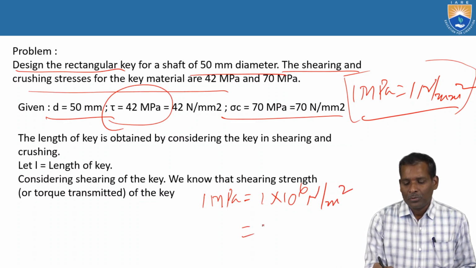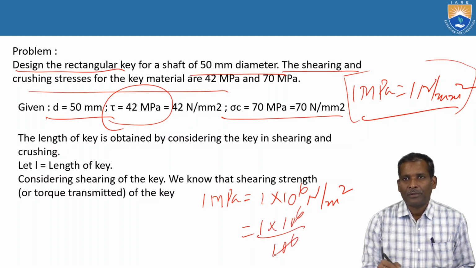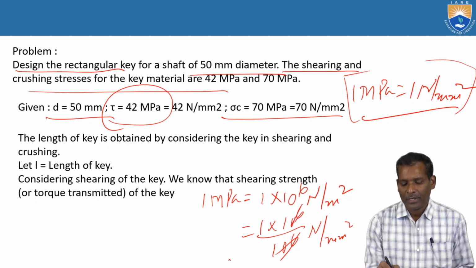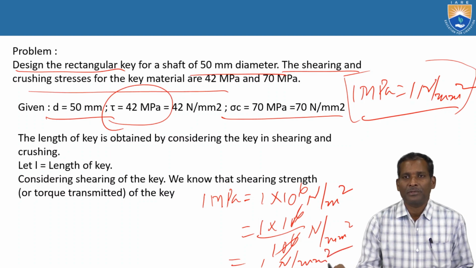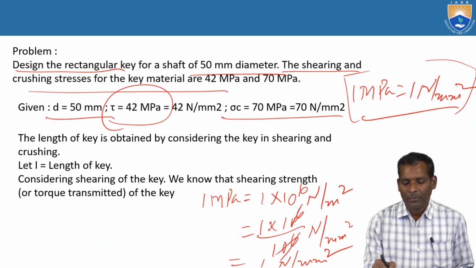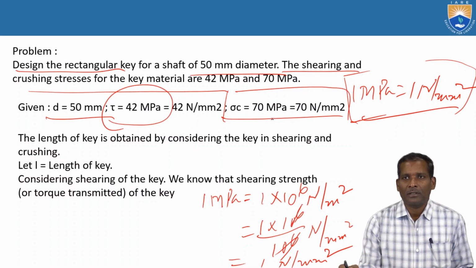To convert into Newton per square millimeter, divide by 10 to the power of 6 in Newton per square millimeter. Here the 10 to the power of 6 gets cancelled, so finally you will get 1 Newton per square millimeter. So you can write directly 1 megapascal is equal to 1 Newton per square millimeter. Here 70 megapascal is equal to 70 Newton per square millimeter.